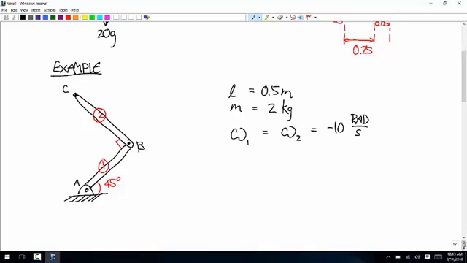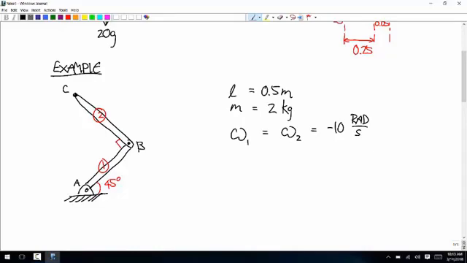Always. Yep, that's right. The 90-degree angle, well, we're just doing an instant. That's right.